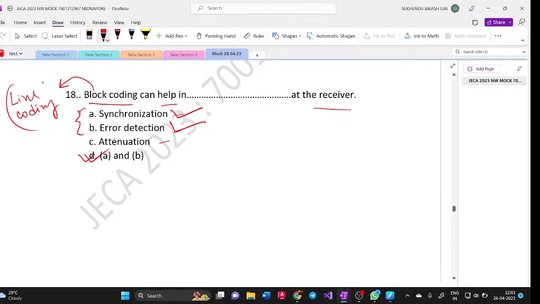In line coding, we only synchronized the signal and removed the DC component, and after introducing block coding, we also do extra things like error detection. Concept clear to all? Next question.